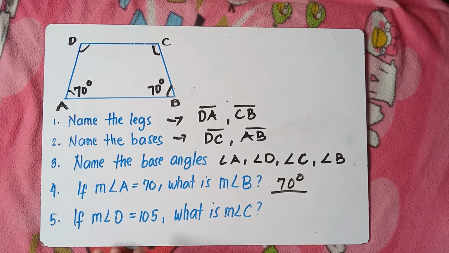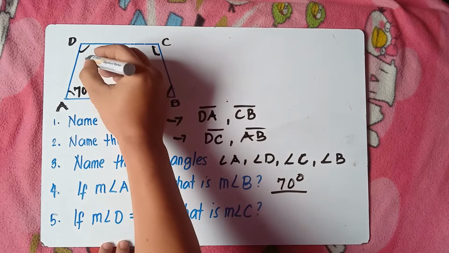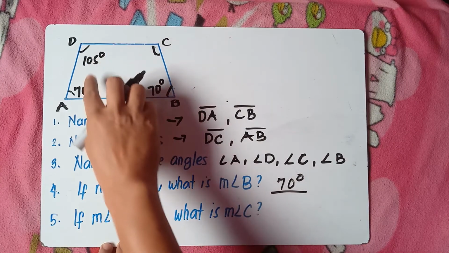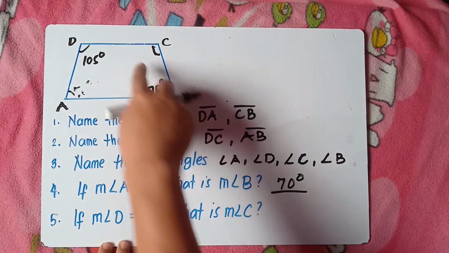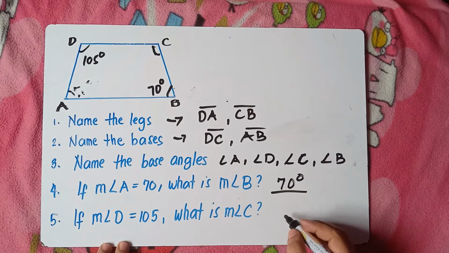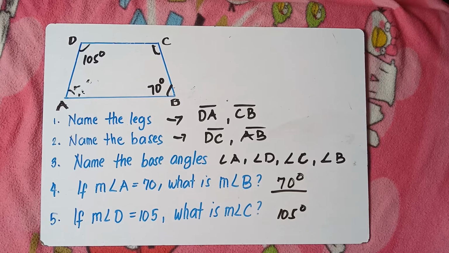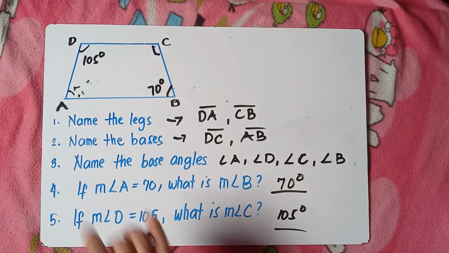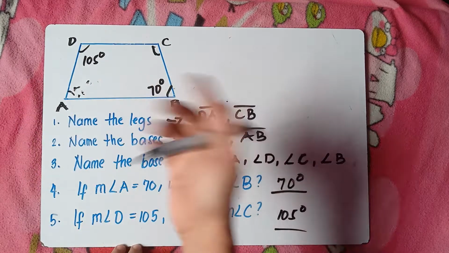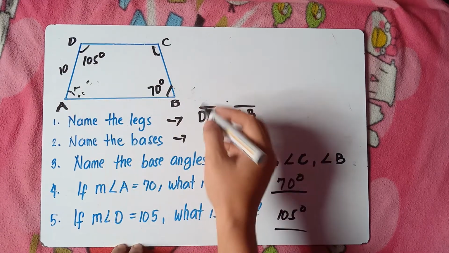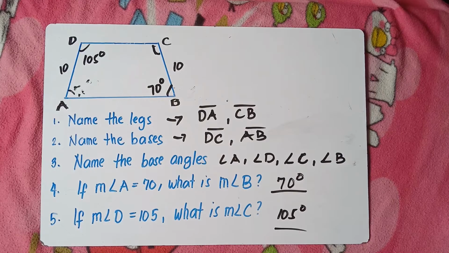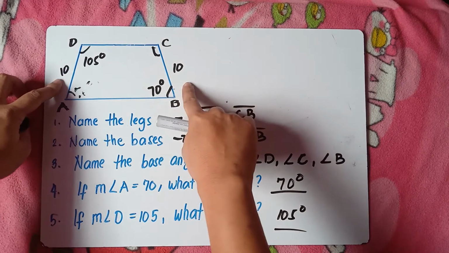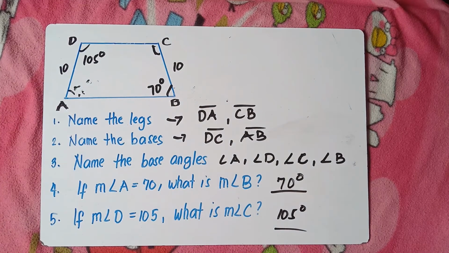Now if angle D is 105 degrees, what is the measure of angle C? It should be the same, 105 degrees. Once again, if DA is, just an example, 10, therefore CB should be 10 because in an isosceles trapezoid, these two sides are congruent.